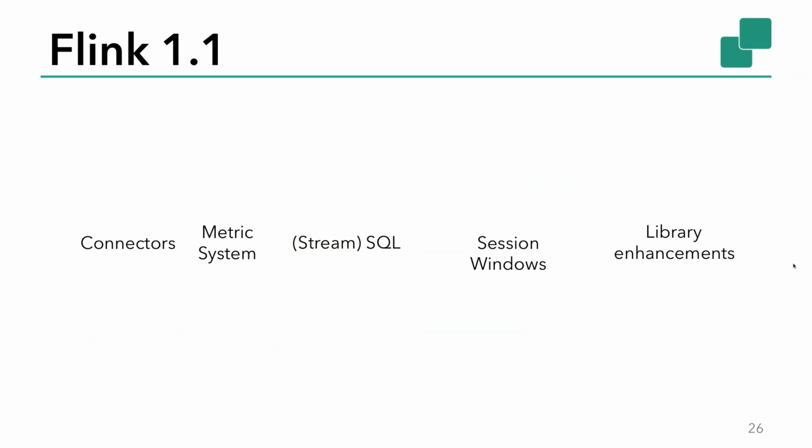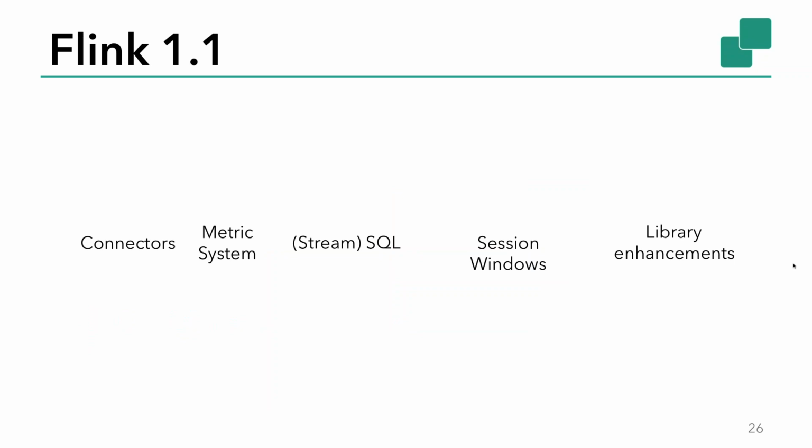So what is happening in Flink right now, and what should we expect to see? These are the main new things that came with the last Flink release, Flink 1.1.